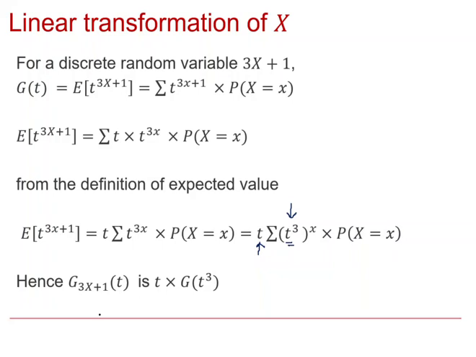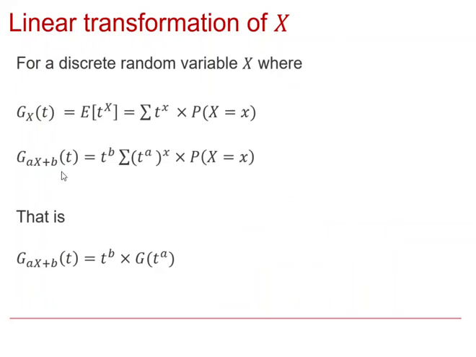Therefore we could say the generating function of the linear transformation of x to 3x plus 1 is t, from the t that multiplies the summation here, multiplied by the original generating function, but instead of t being the variable involved, we have t cubed being the dummy variable.